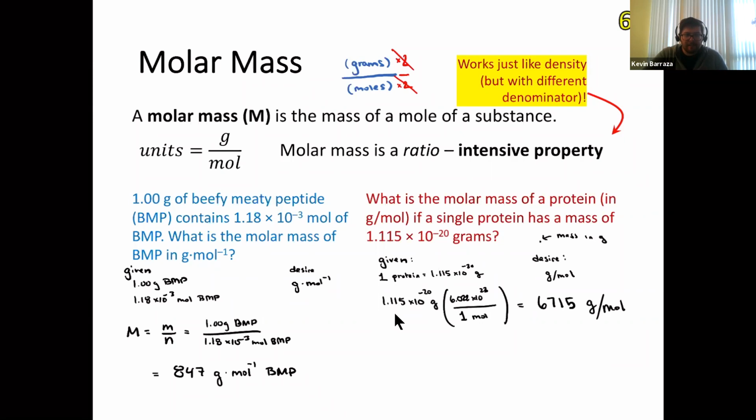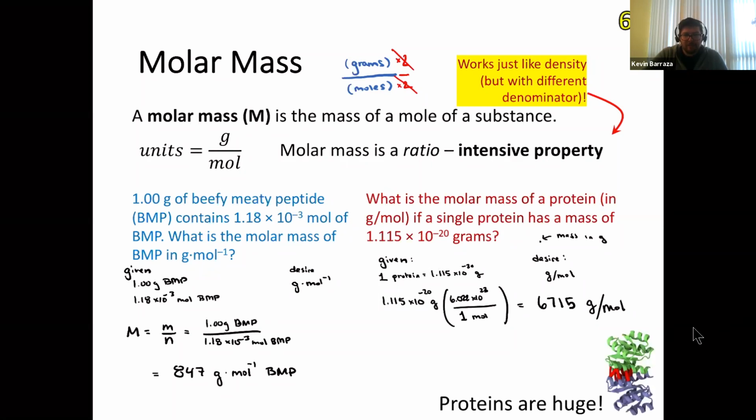In other words, all I've done is I've taken the mass of one particle and multiplied it by a mole of particles. So if you want to think of it in terms of a formula, one particle's mass multiplied by a mole of particles is a mole of particles' mass. This is about 6.7 kilograms for a mole of protein particles.